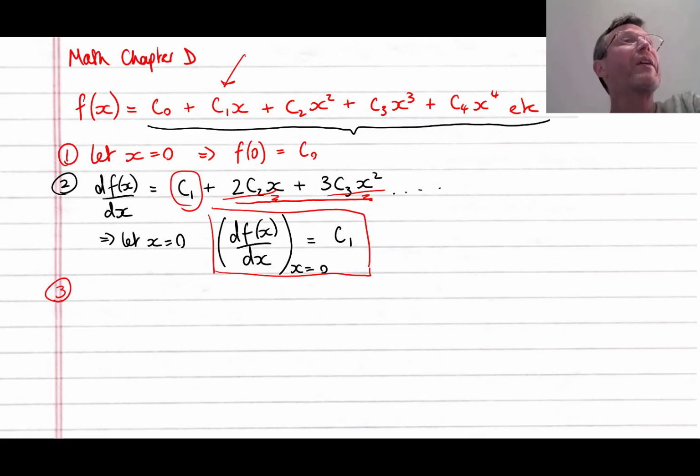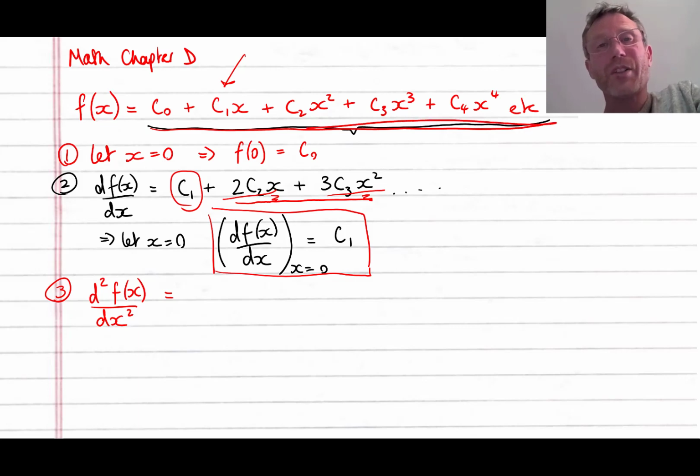Now we're going to take the second derivative of the whole function again. The second derivative is equal to, well, the C0 goes away, the C1x goes away.